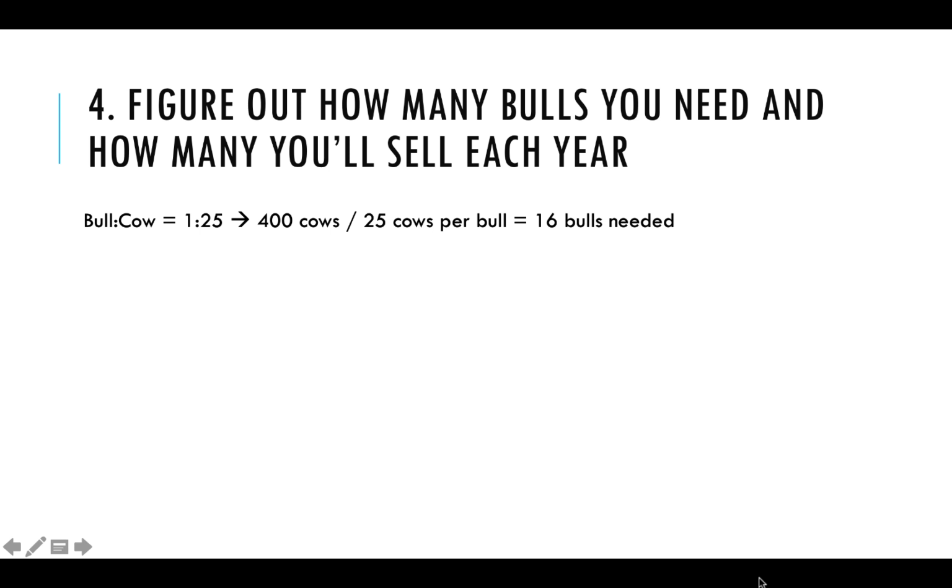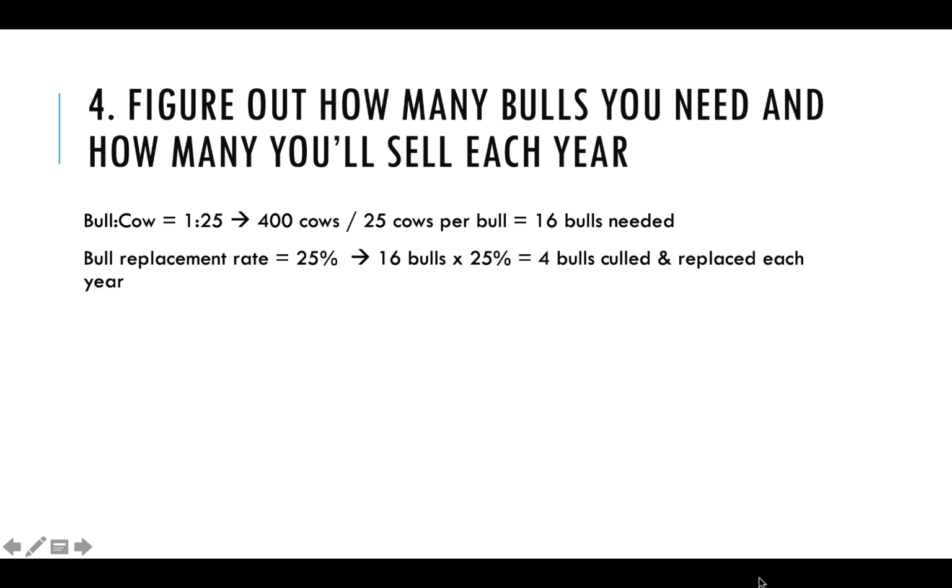And so if we divide 400 by 25, that tells us that we need 16 bulls total in our bull battery. We were also given the information that the bull replacement rate was 25%. And so this makes the math pretty easy. 16 bulls times 25% means that we are culling or replacing 4 bulls every single year.